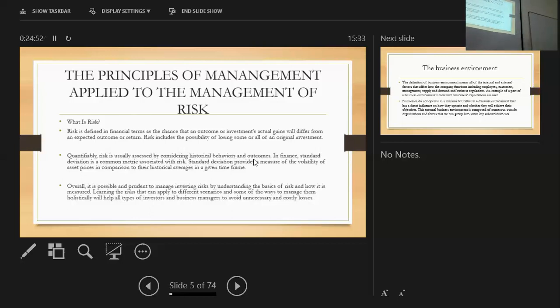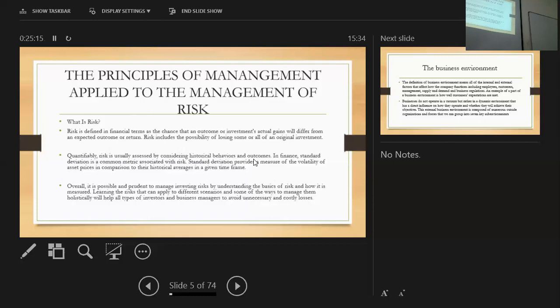overall, it is possible and prudent to manage investing risks by understanding the basics of risks and how they are measured. So risk should be measured. Now, these are some of the modules that you are doing in your trainings now, where you measure the risk and all that, right?